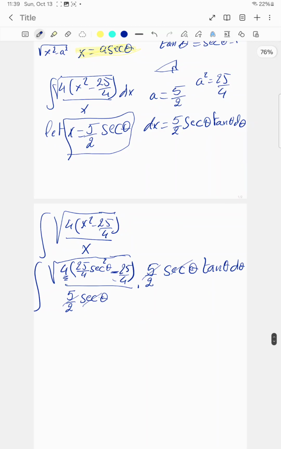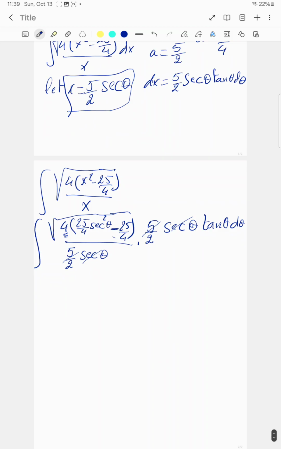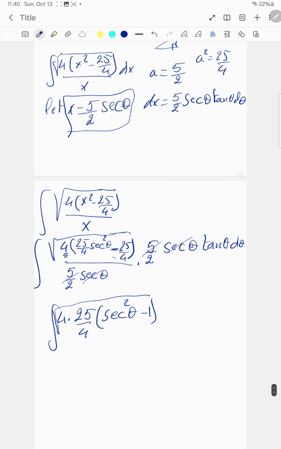Actually, I can factor out 25 over 4. So my integral becomes the integral of 4 times the square root of 25 over 4 multiplied by sec squared of theta minus 1, multiplied by tan theta d theta.